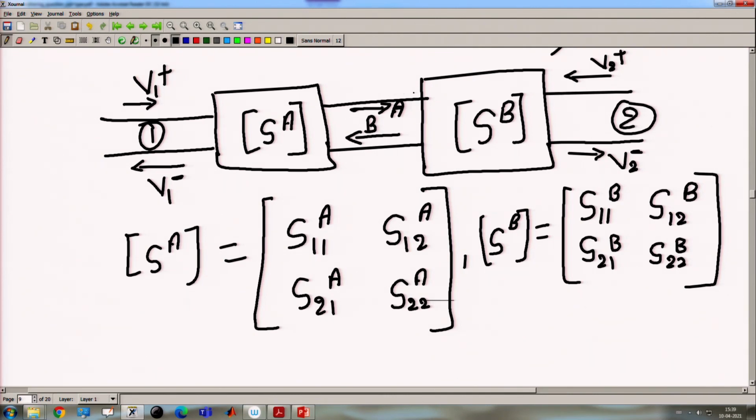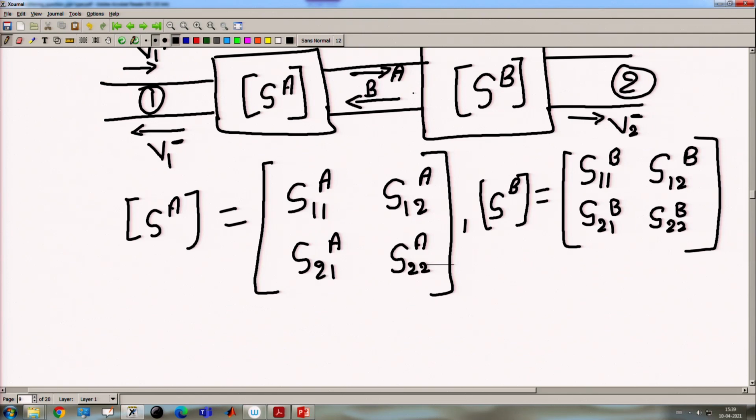For the first one we can write like this. V1 minus is the first reflection and A is the second reflection.